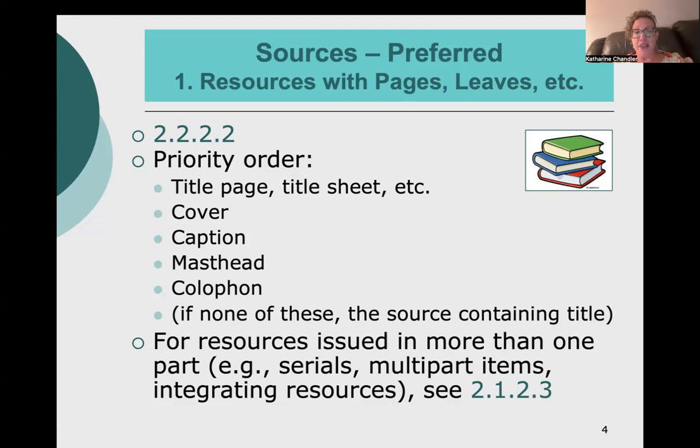And if you don't have that, then you go by a caption. If you don't have that, you go by a masthead. A masthead, if you don't know what that is, is what you see at the top of a newspaper or a magazine, or inside the cover of a magazine.